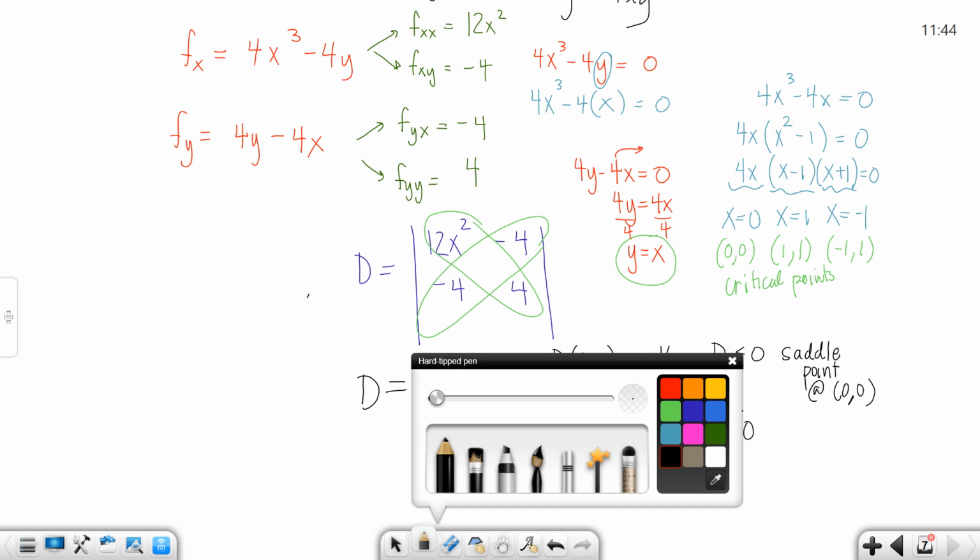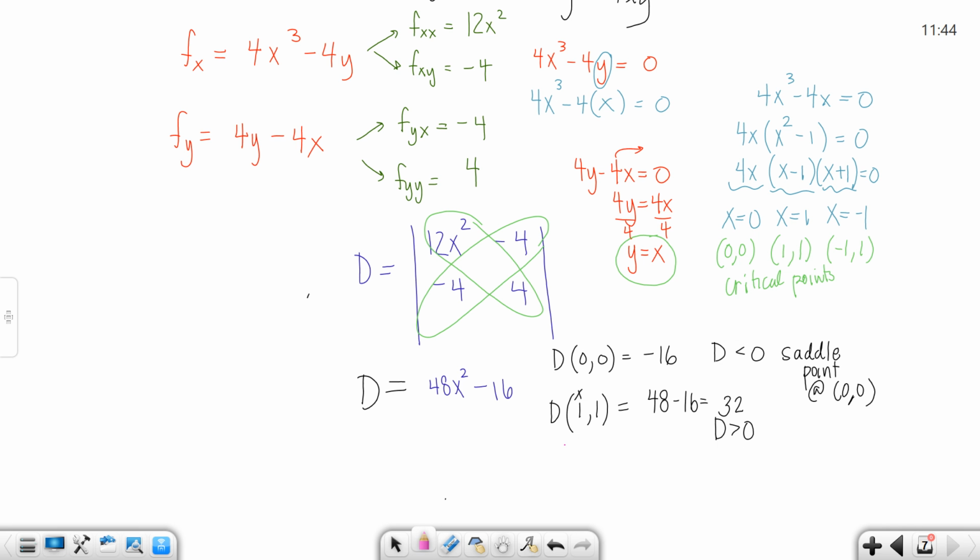Now, go back at the top. We also need to know what happens at fxx. Well, fxx is 12x squared. Okay, so if we have 12x squared and we're plugging in 1, that's just going to be 12. So that's also greater than 0.